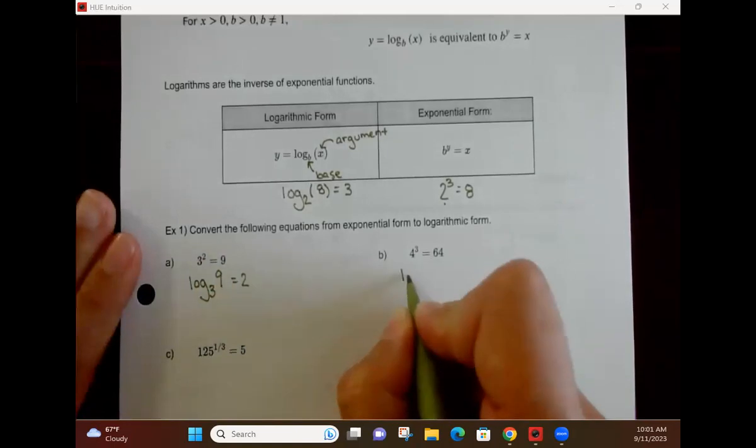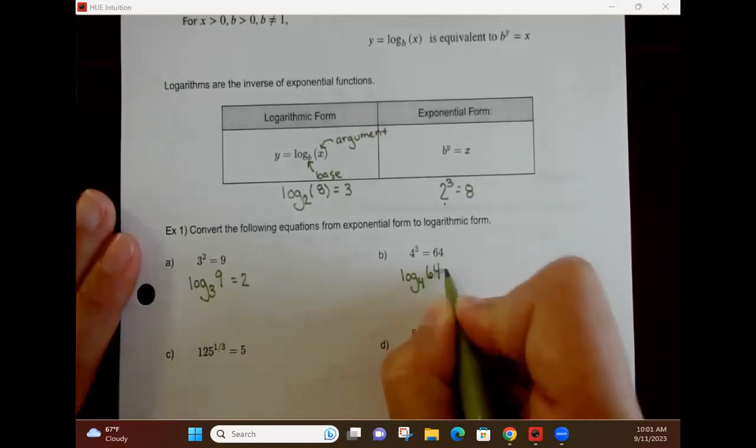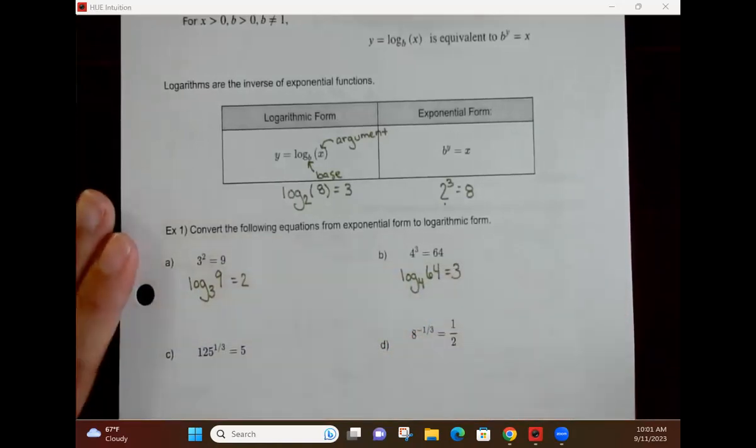Then for b, this would be log base 4 of 64 equals 3.